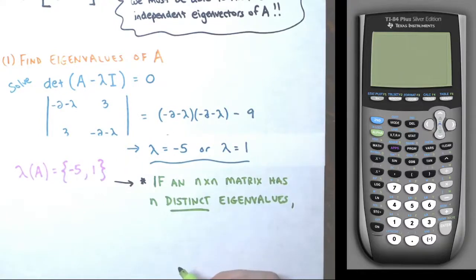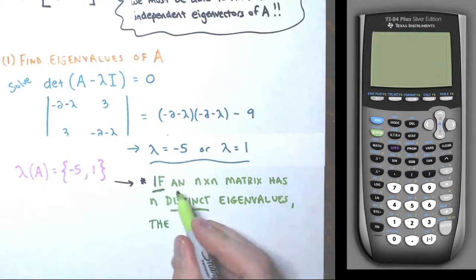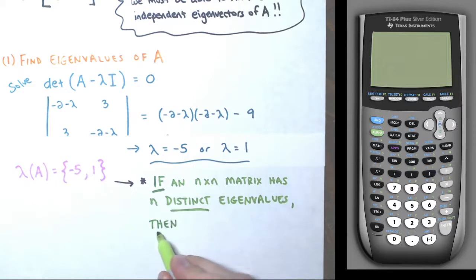Then that matrix will be diagonalizable. So again, if this is happening, then the matrix will be diagonalizable.